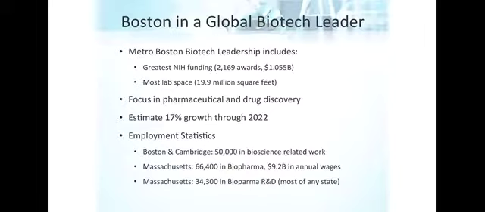Right. Looking at the employment levels, again, some statistics can vary, but one report says Boston and Cambridge alone have 50,000 people employed in bioscience related work. Wow. Across Massachusetts, 66,000 in biopharma. Again, to the impact, that's $9.2 billion in annual wages. Looking at just the R&D area in biopharma, Massachusetts employs 34,000 people.